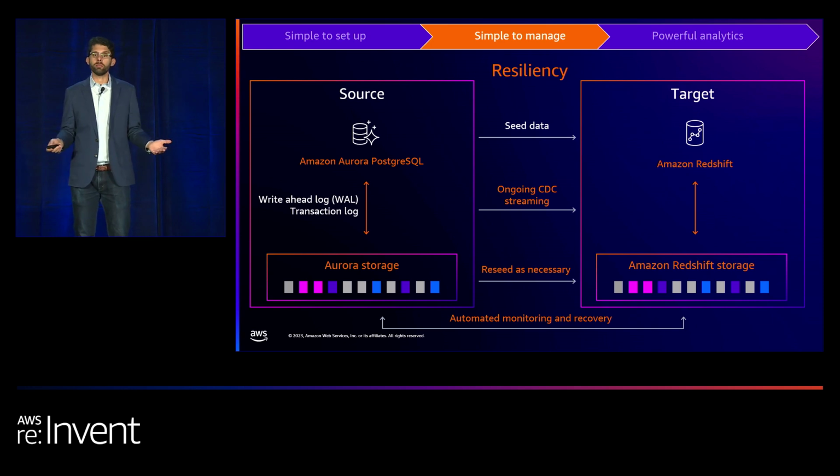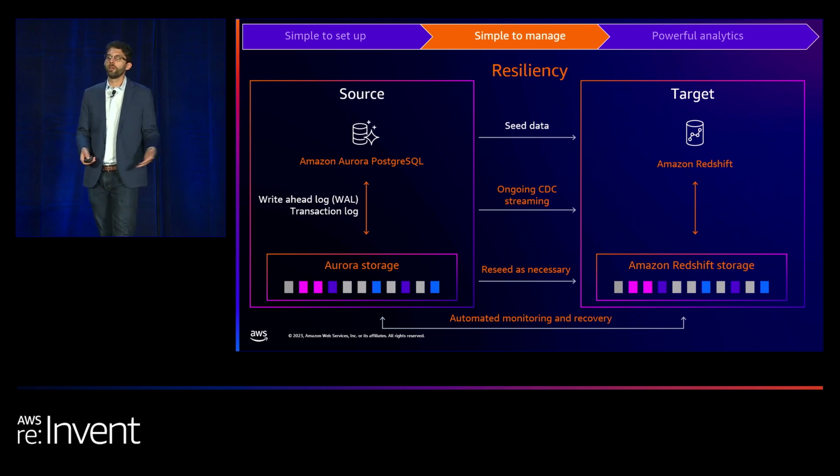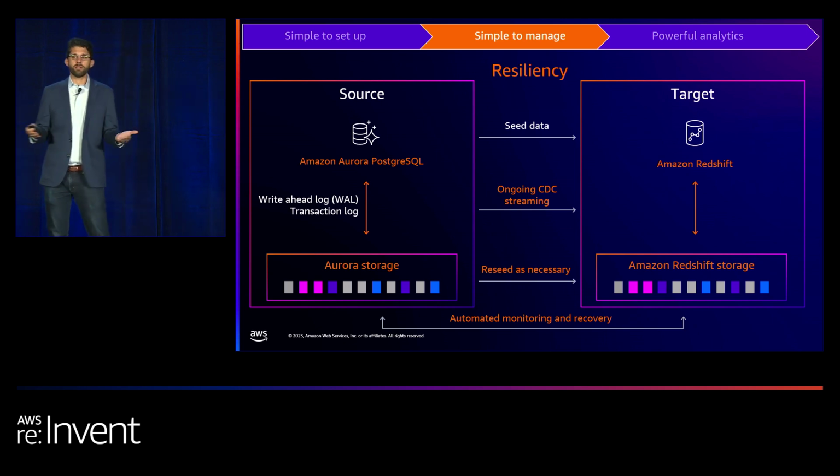And this has no impact on the zero-ETL integration because everything is done at the storage layer. Similarly with Aurora storage, when you write data to Aurora storage, we copy it out and we write it six different places across multiple AZs. And so if something happens to one of those storage nodes, you've got 5 other copies of your data.